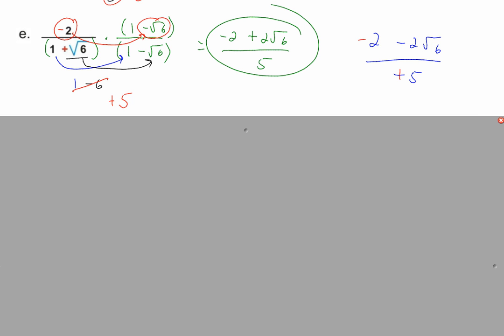And that's wrong, because you chose only part of the numerator to change. That is correct if you're going to do it at the end. Therefore, final answer, negative 2 plus 2 times the square root of 6 over 5.